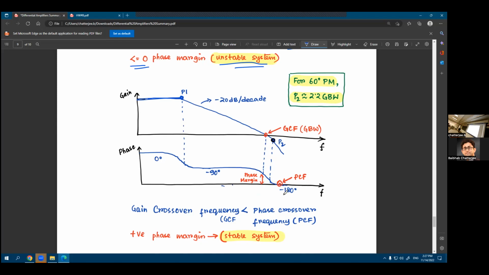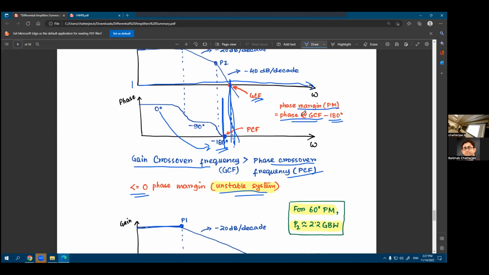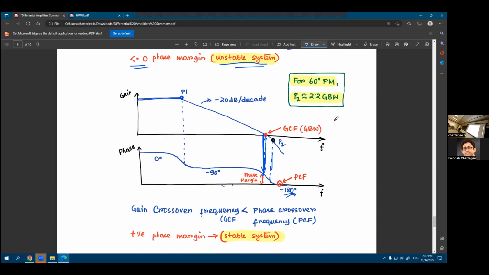So you get your minus 180 degree phase at a much larger frequency than your gain crossover frequency, right? So at this point, you have your gain crossover, and at this point, you have a phase which hasn't yet reached minus 180 degree. Now, according to the definition, phase margin is phase at the gain crossover frequency minus 180 degree, right?